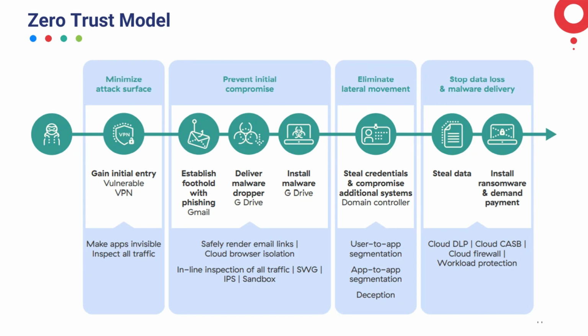Using these tools, you will be able to access a particular application without using a VPN, and there is an element of zero trust built in, meaning it always validates whether you are the right person. The principle is trust no one and validate every time.